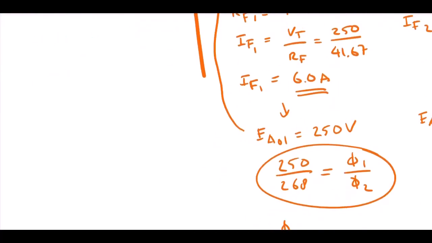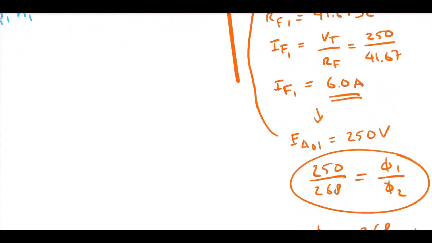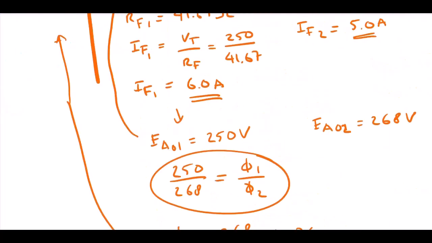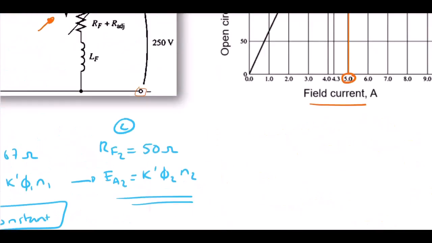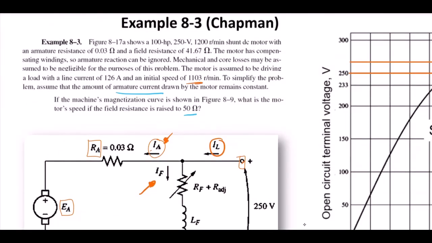and then if we rearrange this a bit, pi 2 over pi 1 is equal to 268 over 250, which is 1.076, and now we can simply fit this into this equation here, and therefore now we can find that N2 is equal to 1.076 times N1, and N1, if you refer back to the question, it says this is the value of N1, 1103.